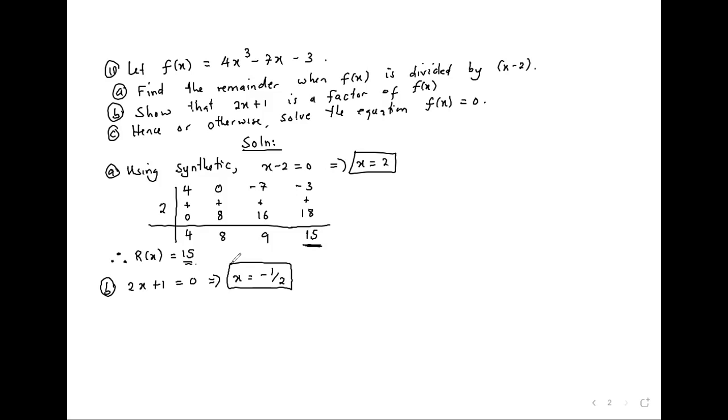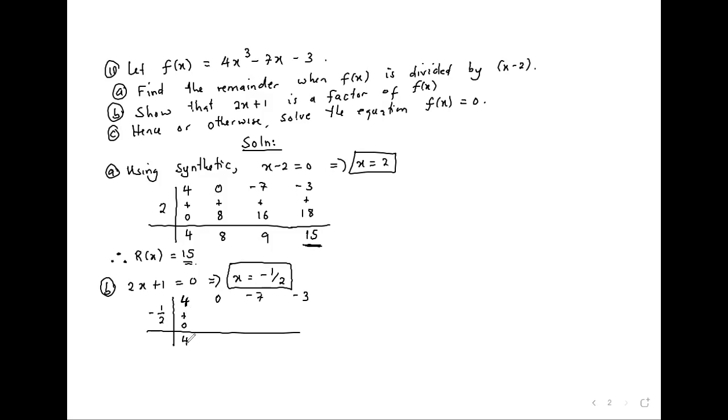So we get the negative half. We write the function coefficients: 4, 0, negative 7, negative 3. And then, as usual, add the 0, we get a 4.